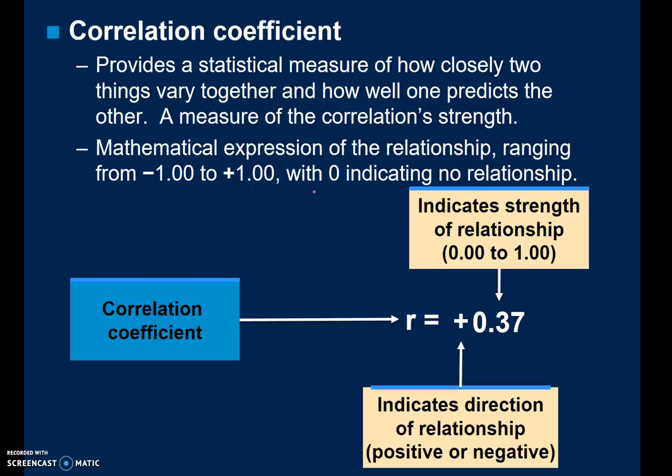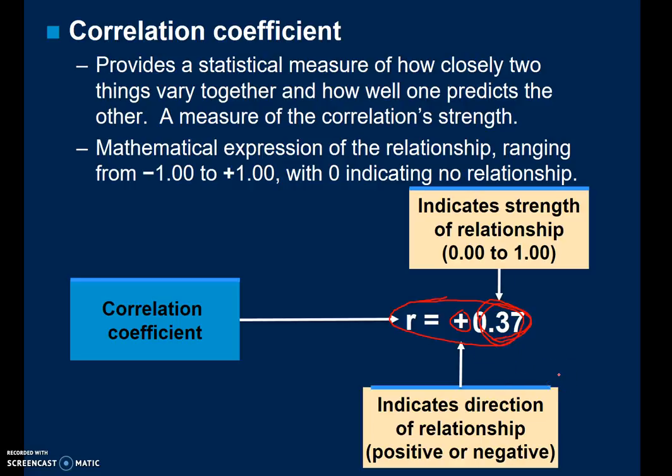We can also compute a correlation coefficient, which you don't have to know how to do, but you would put all your data through a formula that would produce a numerical value. That numerical value might be something like r equals plus 0.37. The plus sign means that it's a positive correlation. This number tells us if it's strong, weak, or moderate in strength.